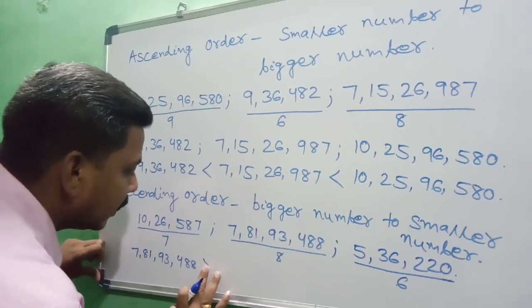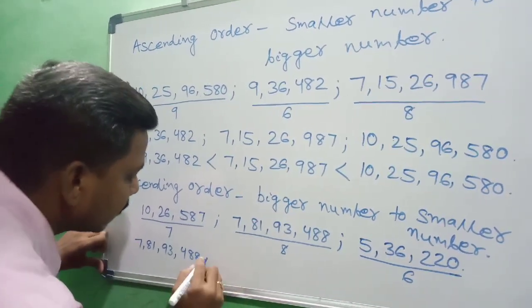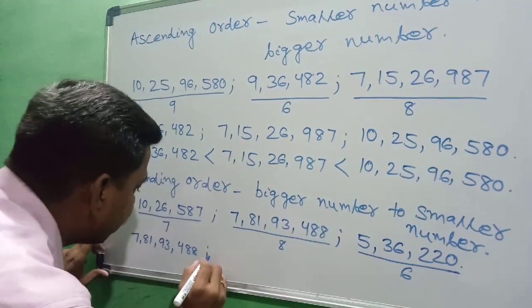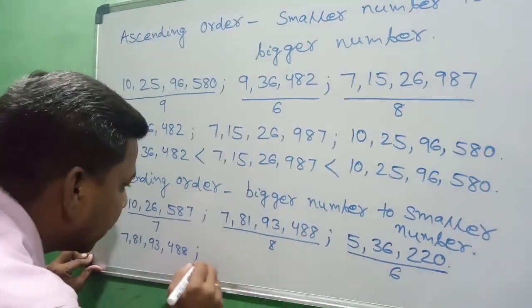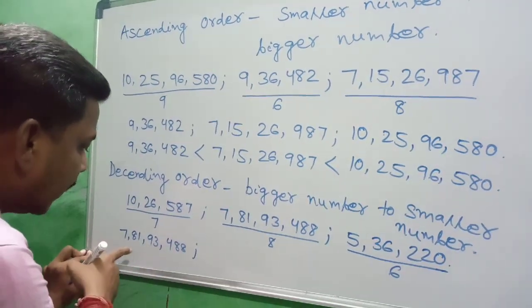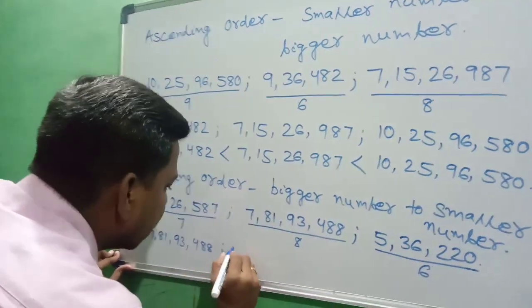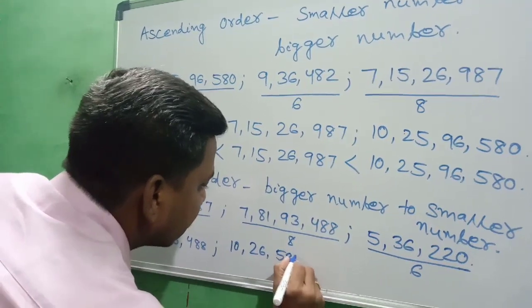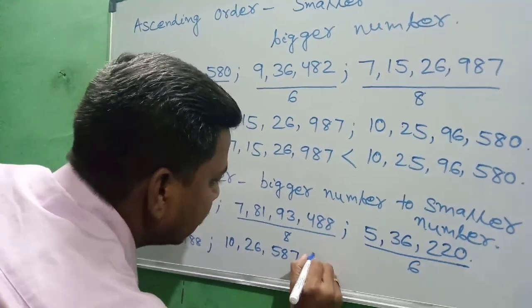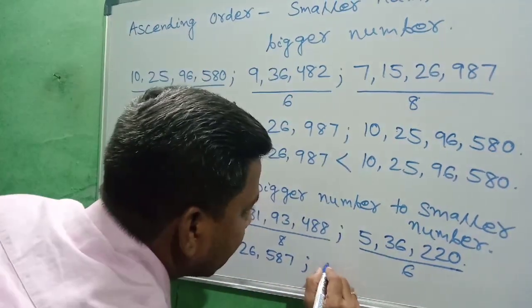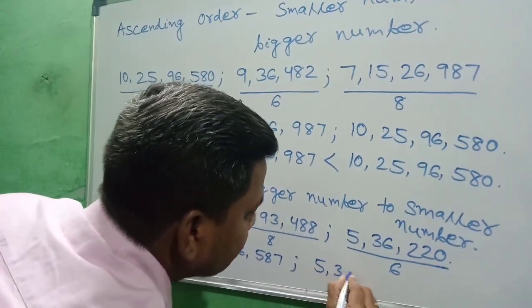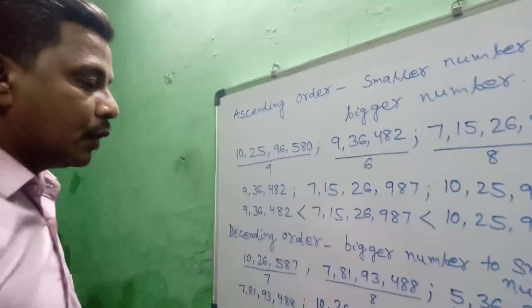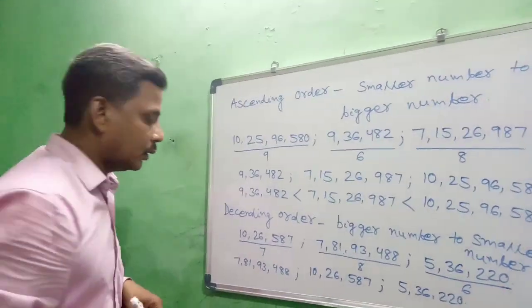Here I am writing 7,81,93,488, then 10,26,587, then 5,36,220, and in place of comma or colon we have to put the greater than symbol.